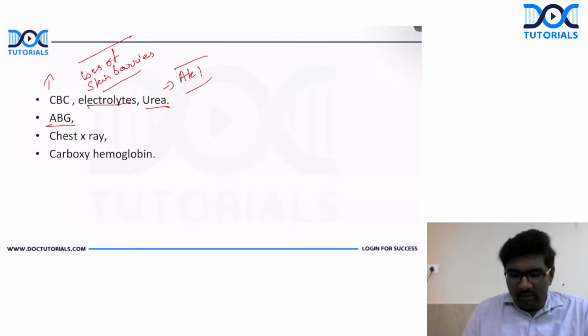And arterial blood gas analysis is done to assess the PO2, that is partial pressure of oxygen, PCO2, partial pressure of carbon dioxide, and arterial potassium, calcium and sodium values. Chest X-ray is done to rule out ARDS, and carboxyhemoglobin level in case of CO poisoning, carbon monoxide poisoning.